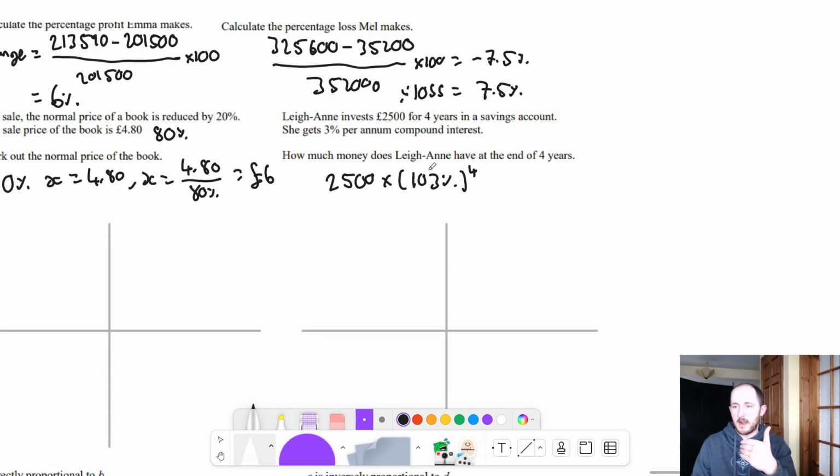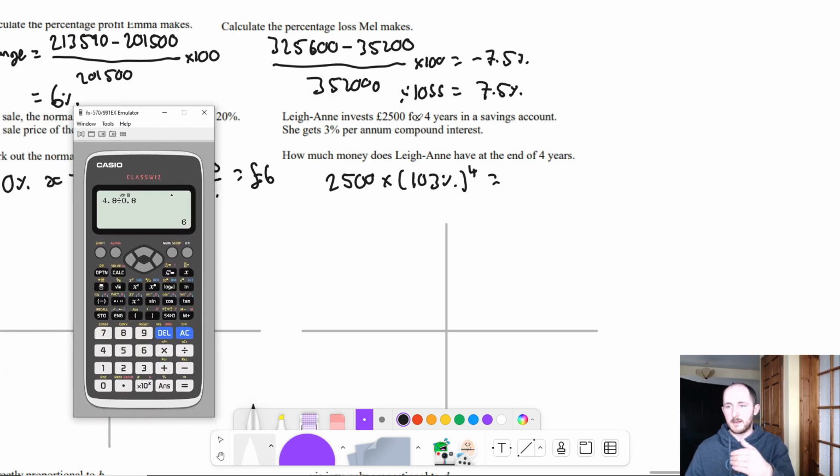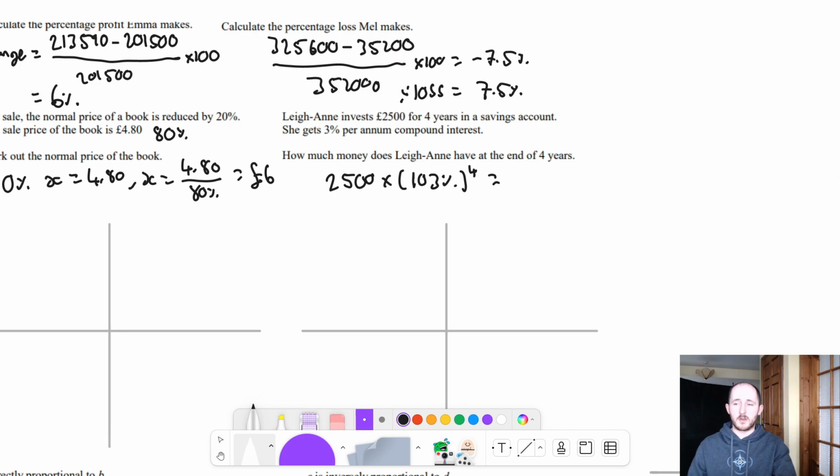And then you do that to the power of the number of years. So again, I've done 3% plus 100%, give me 103%. In my opinion, it's easier than the method that schools tend to teach you, which is where you add 3 and then divide it by 100 and do all that. Instead, you can just use the good old-fashioned percentage button on your calculator. And again, we want to do this to 2 decimal places because it's money.